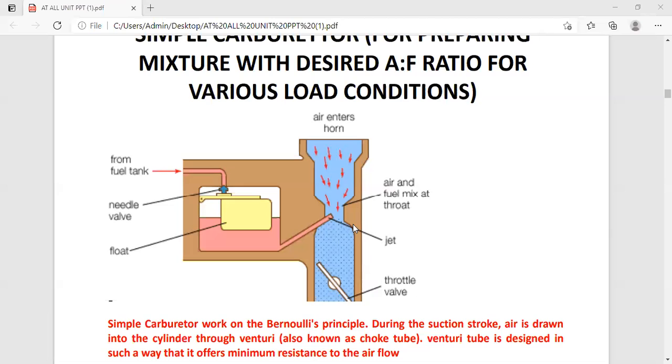Due to this pressure difference, the fuel from the float chamber is supplied to the main nozzle, where the air-fuel mixture will be prepared.